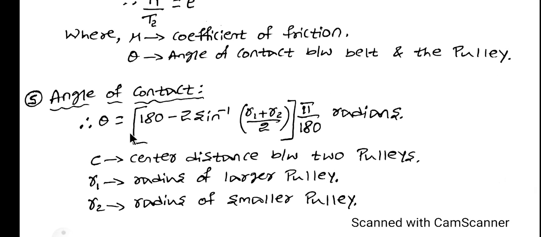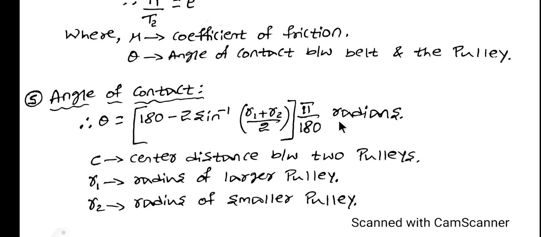The formula for the angle of contact is 180 minus 2 sine inverse of (r1 plus r2) divided by c. Here I have multiplied that with pi divided by 180. If you don't multiply with pi by 180, then theta will be in degrees.